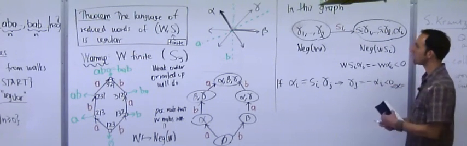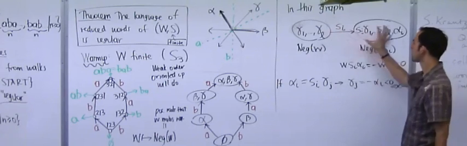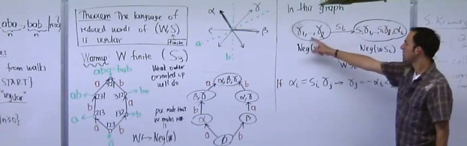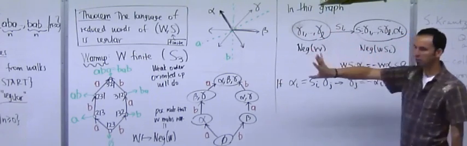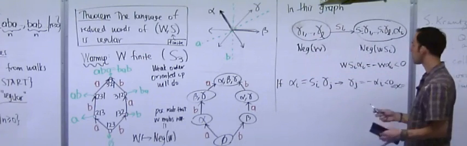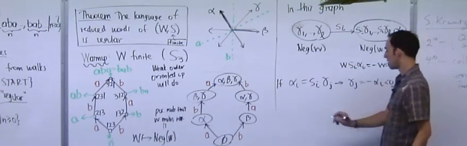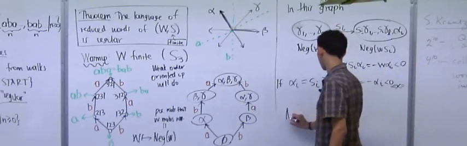And so this is very handy because it tells me that I can go from here to here without actually doing any kind of going back to the group. Okay. Let me write this in symbols. What did I just prove?